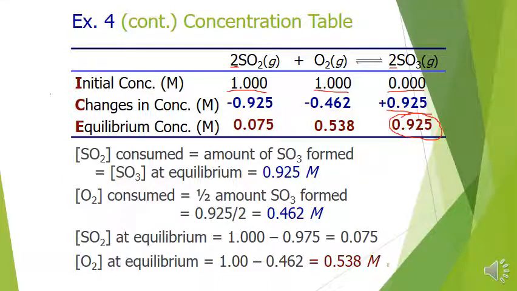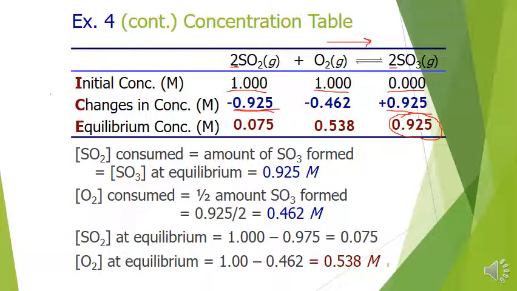So that means the change in SO2 is the same as the change in SO3. So the SO2 had to go down by 0.295. So its concentration went from 1, dropped by 0.295. So remember, the reaction's moving to the right.